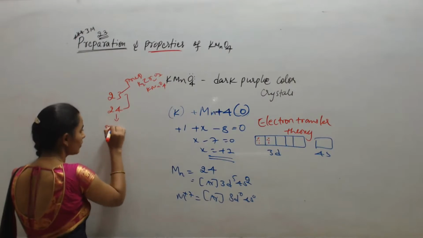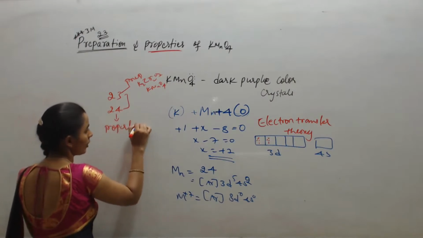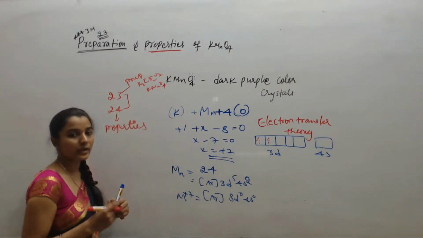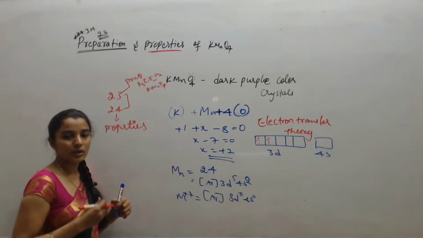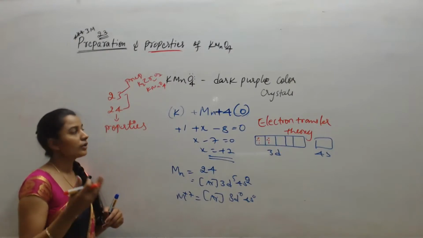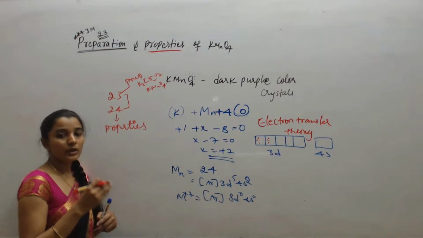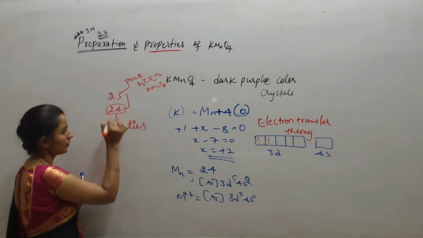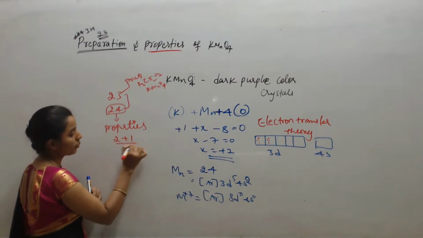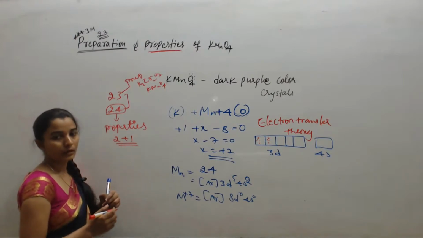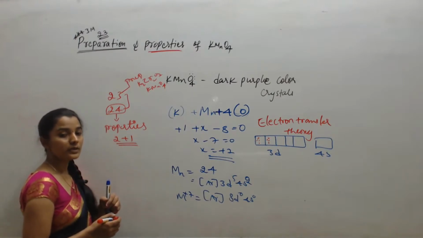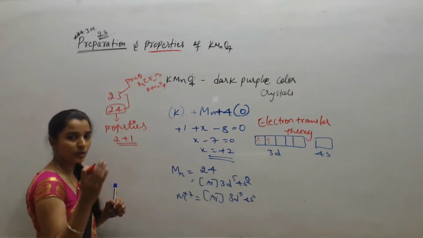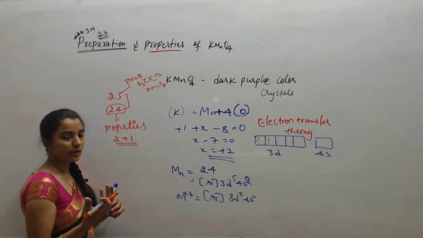Question 24 is based on properties which we discussed, like ionization energy, atomic size, ionic size, magnetic property, catalytic property. This is always 2 plus 1.